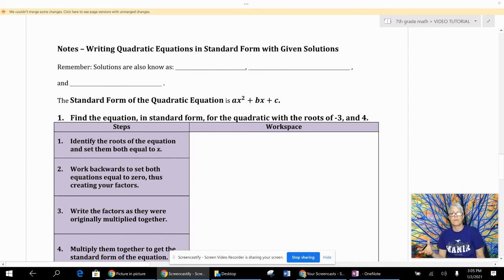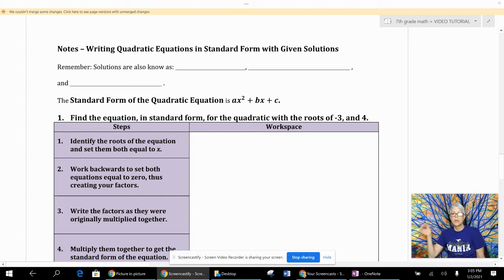There's lots of different options for that. There's lots of different factors that when you multiply them together, you get 12. With quadratics, we can take these solutions and figure out what the original problem was, what the original quadratic equation is. And then, if we want to graph it or whatever.